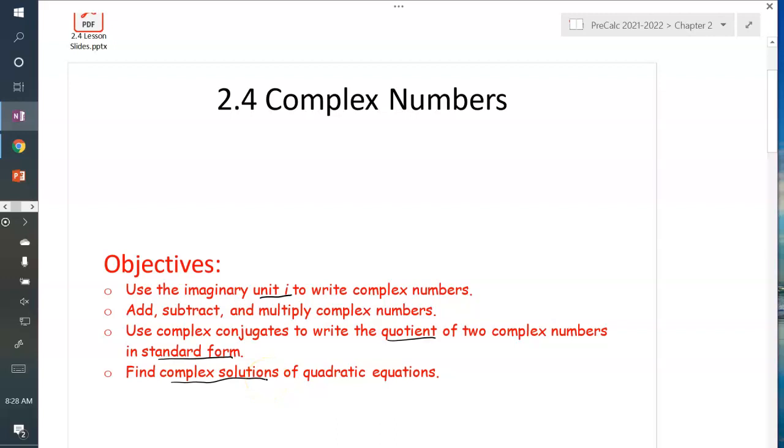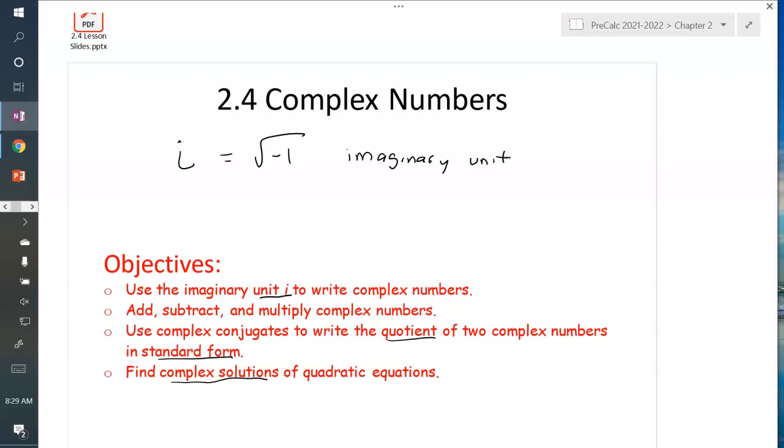Before we get started, let's talk about the imaginary unit i. i is defined as the square root of -1, and that's the imaginary unit. That opens up a whole new number system apart from real numbers, called complex numbers.